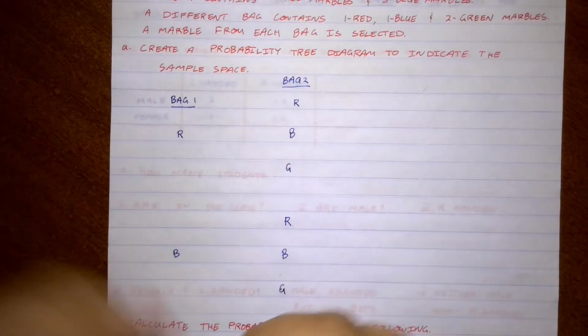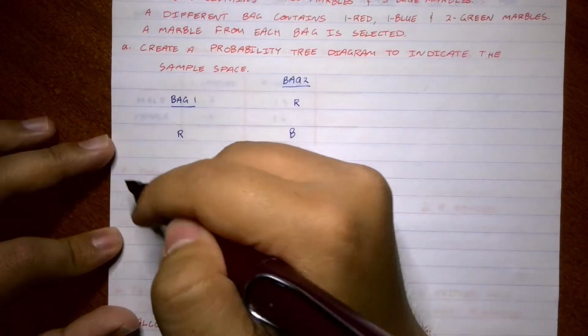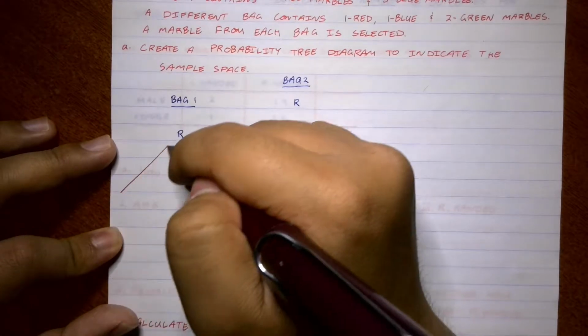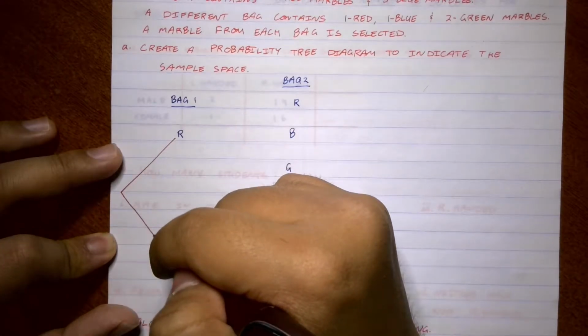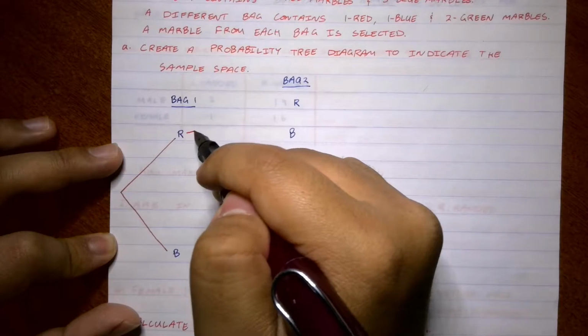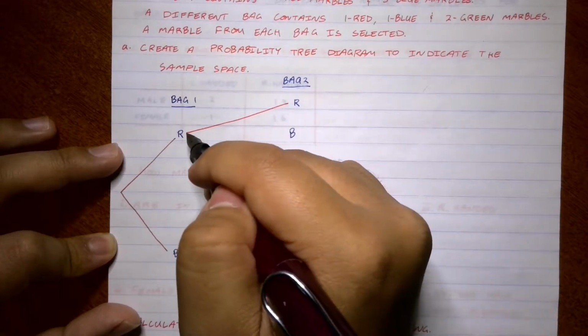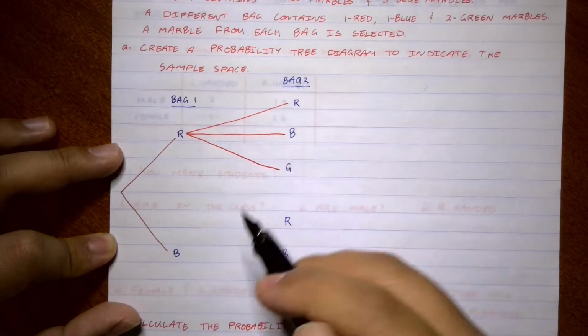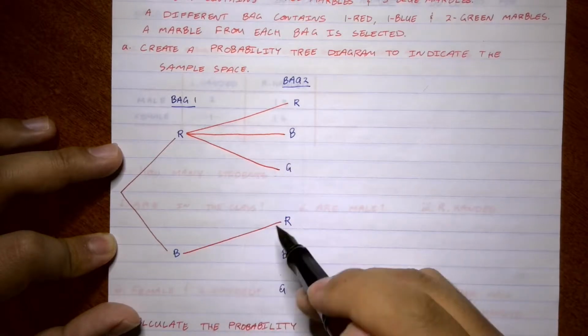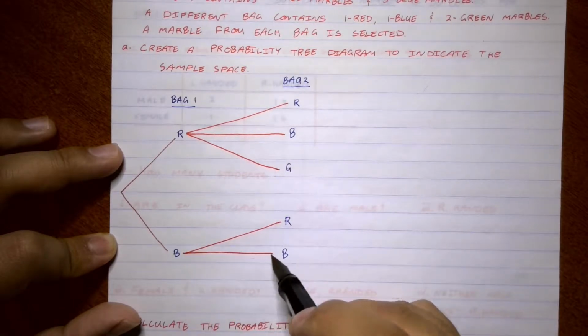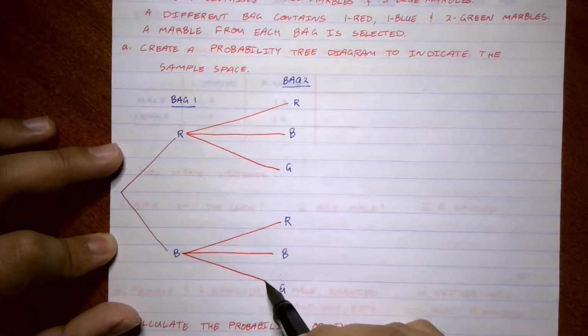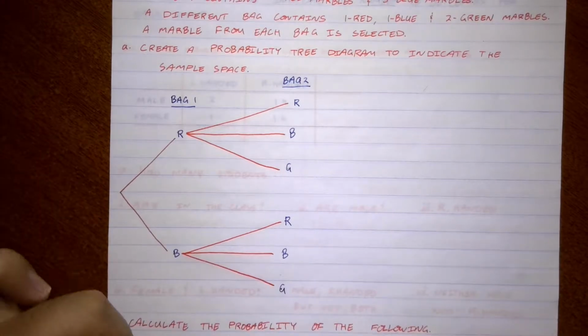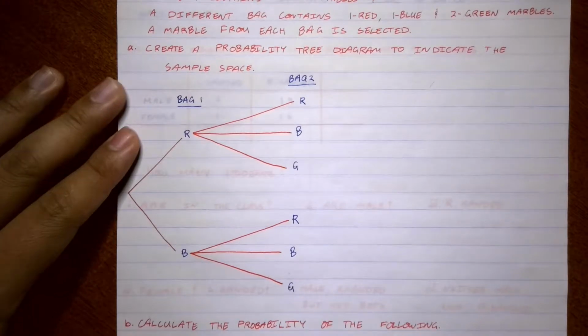And now we're going to draw our branches in. Of course, you can make this smaller so it fits your page, but I'm making it nice and large so you can fit it all in here.